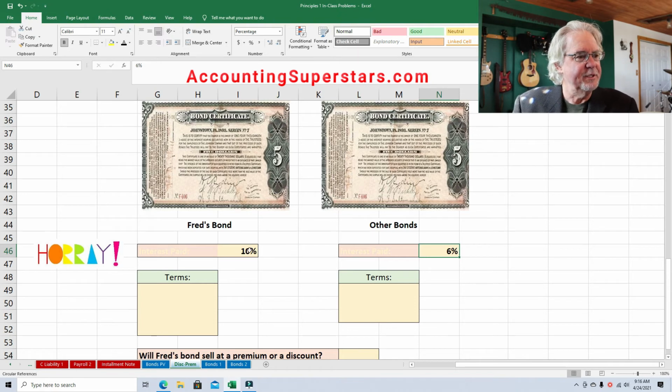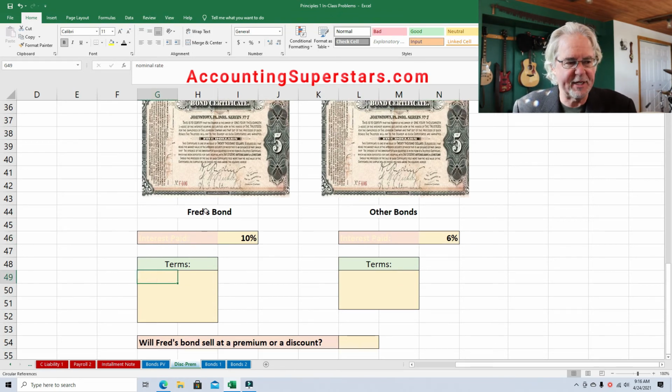All right. So looking at these terms again, the terms for Fred's bond for this 10%, and this is a review. We have the nominal rate. We've got the stated rate because it's stated in the bond itself, or the contract rate because bonds are contracts, or the par rate.